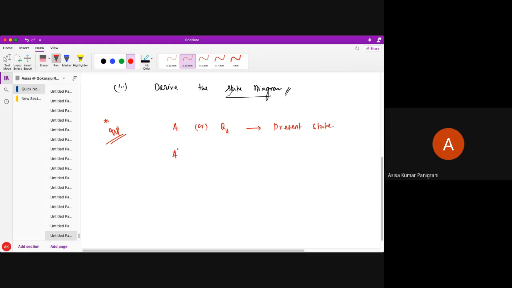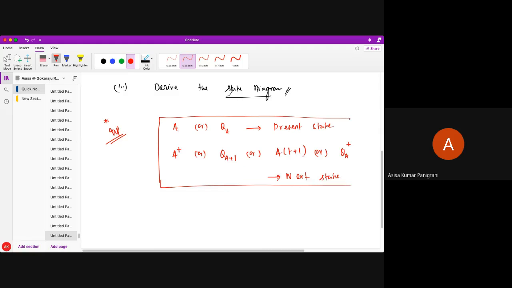Now in some questions it may also be given for the next state. How is it given? A+ or QA+ or A(t+1) or QA+, like this it is given. So these are all notations for the next state. Do you all understand? So this is my note to you.